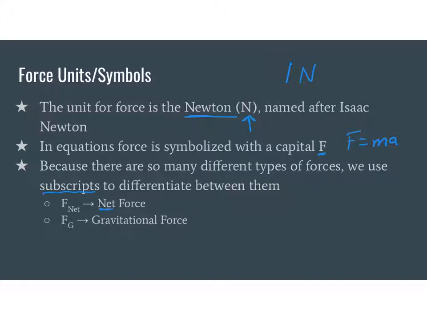The net force, which is the sum or the total of forces, we are going to write as F subscript net. So we have a capital F with the subscript net by it, and that tells us the net force. And then another big force, actually it's a small force, relatively speaking, is the gravitational force, and that's going to be F with a subscript g.